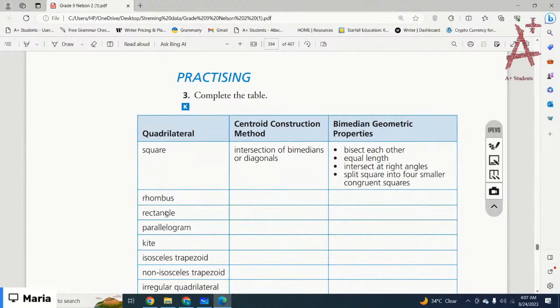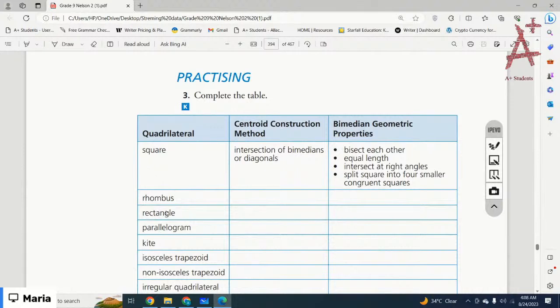The rhombus bimedians are the same length and divide the rhombus into four rhombuses that are of the same design and orientation as the original rhombus, only with smaller dimensions.